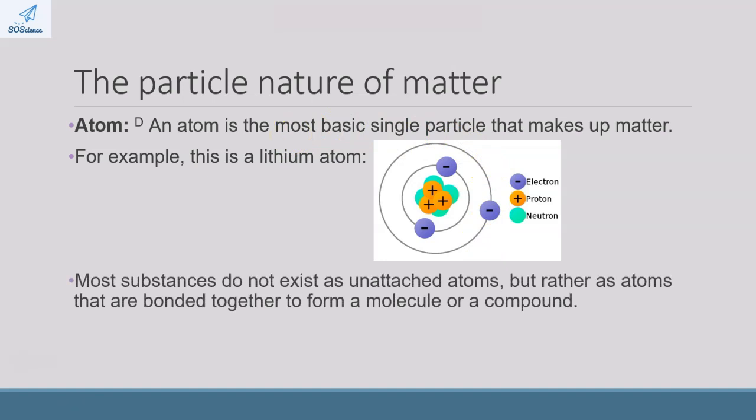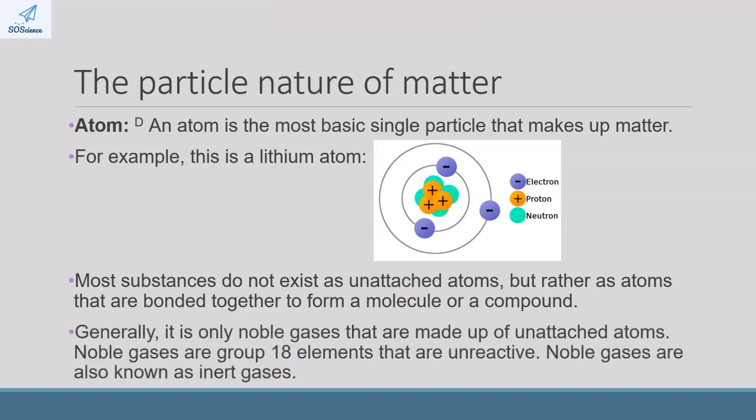Now, most substances in the world chemically react and bond together to form molecules or compounds. Very few substances exist as unattached atoms, and we're going to understand later on in the section why that is. It is generally only noble gases, which are group 18 elements, that remain as unattached atoms.